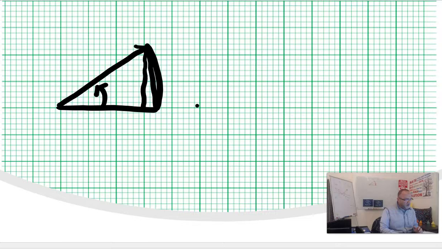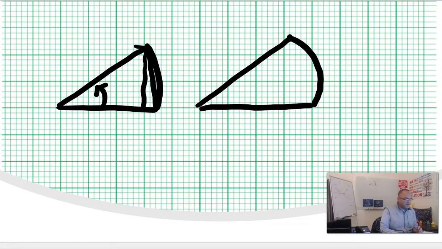Look, if we want to find out the area of this segment now, and we're going to get to that in detail when we study the advanced circle. This is the segment, okay? The area of this segment is actually the area of the sector, the whole thing, minus the area of the triangle, okay?